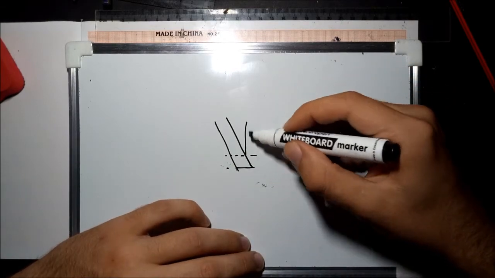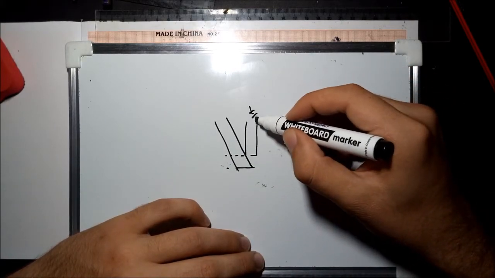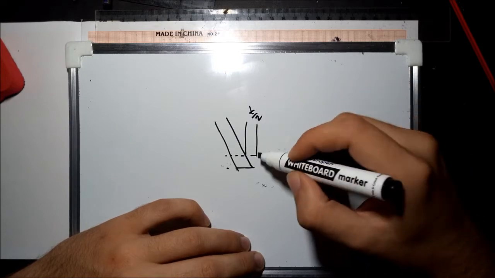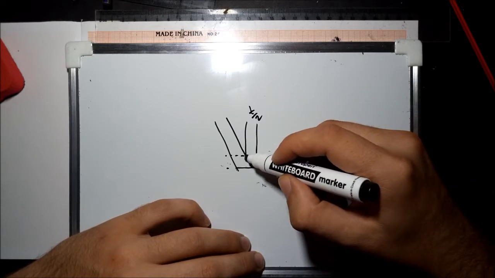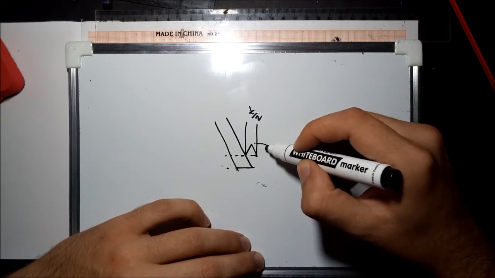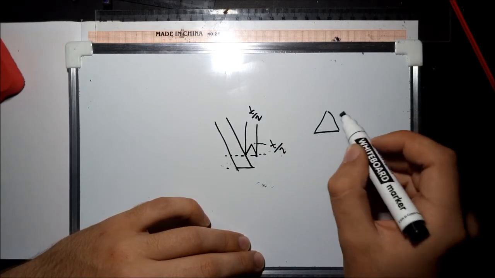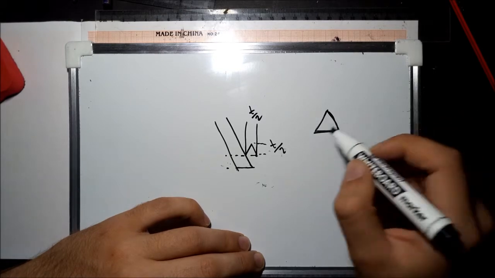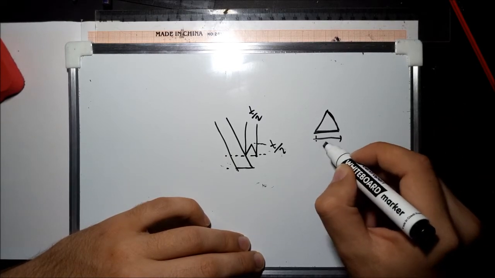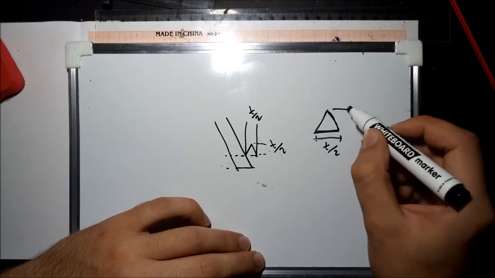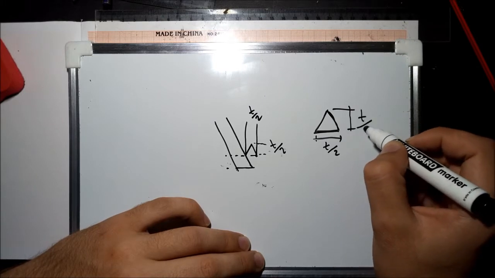What happens is that we take a distance of t over 2 to the right. This will be the end of a triangle with a height of t over 2. This is a small triangle that we've just achieved. T over 2 with a height of t over 2.